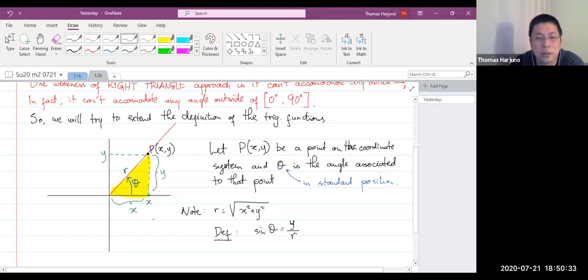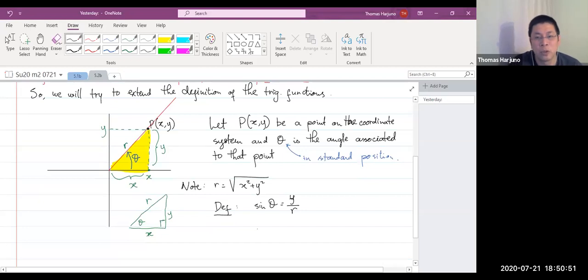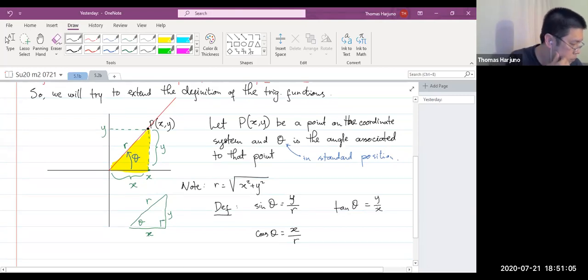So as if now you are looking at this triangle: this is theta, this is y, this is r, this is x. Using our right triangle point of view from yesterday, sine theta is y over r, cosine theta is x over r, and tangent theta is y over x. Correct?